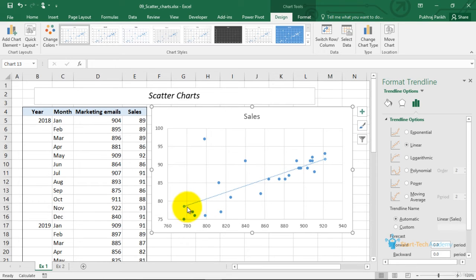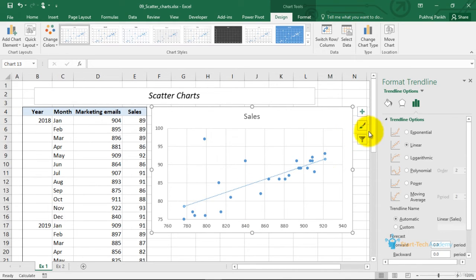I will increase the sales from approximately 79 to approximately 88. So by sending out 100 additional emails, we will have an increased sale of 9 to 10 units. So the slope of this line is telling you the change in the y-axis with the change in the x-axis.